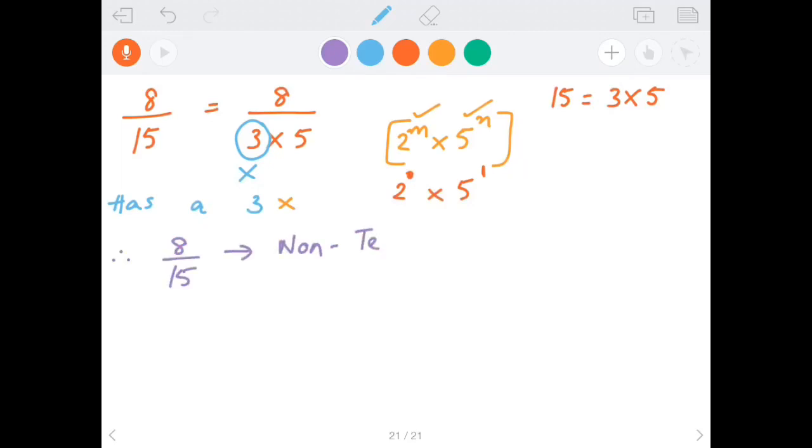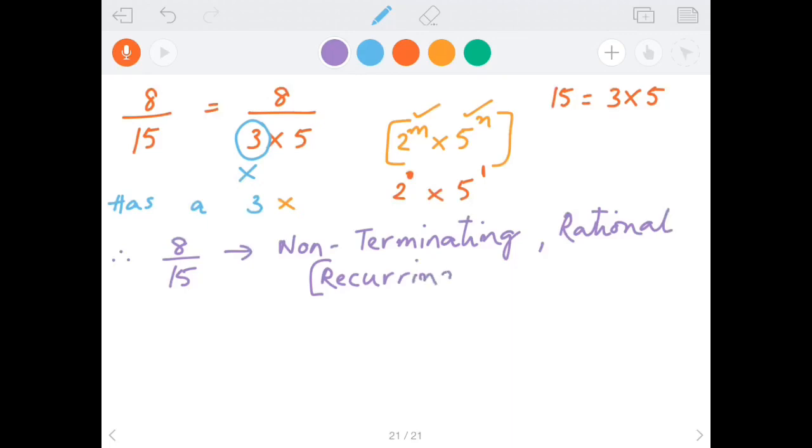There you go. It becomes a non-terminating but recurring rational number, because a rational number can only be terminating, and if it is non-terminating, it must be a recurring number.